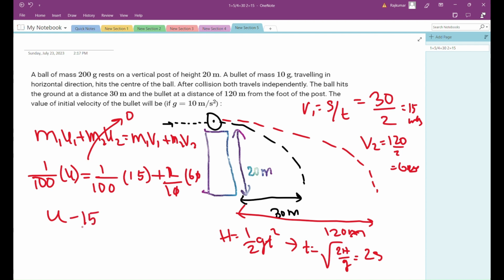Taking this into the left hand side, u minus 15 by 100 is equal to 12. So u minus 15 is equal to 2 sixes are 12. So now, by changing this, it will become this much. So the initial velocity is equal to 1215 meter per second.